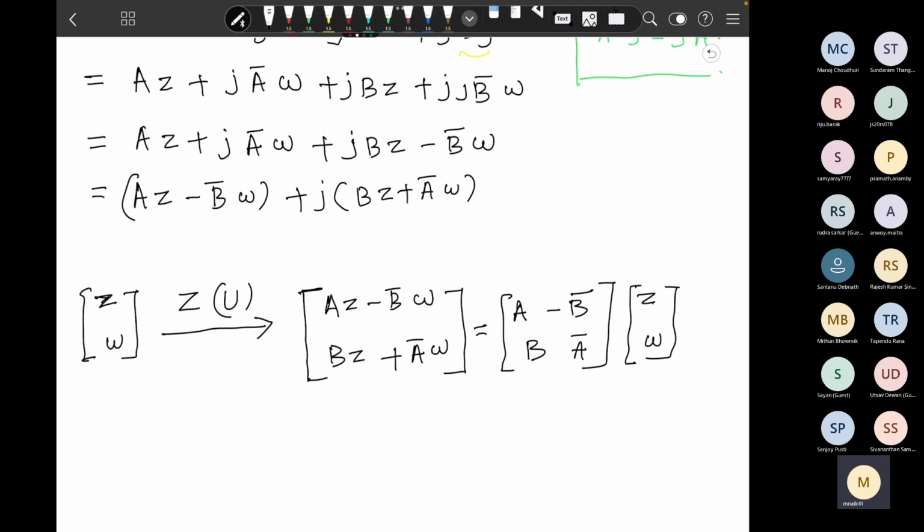So then ZU, for U equal to A plus JB, is equal to the matrix A, minus B bar, B, A bar.